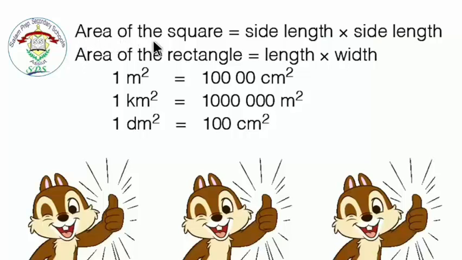Area of the square equals side length times side length. Area of the rectangle equals length times width.